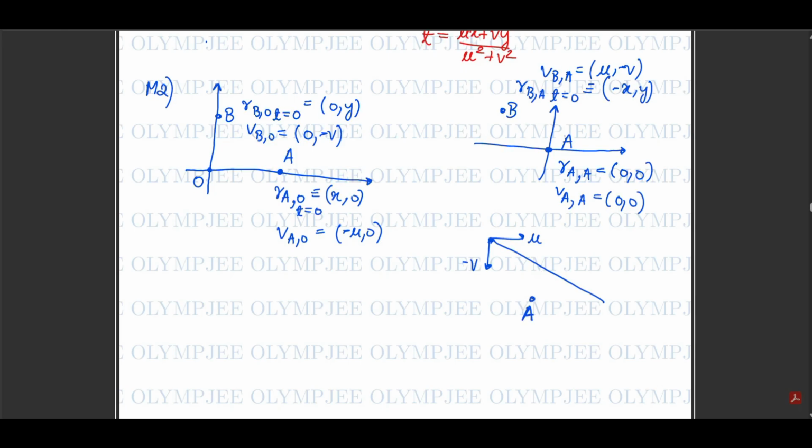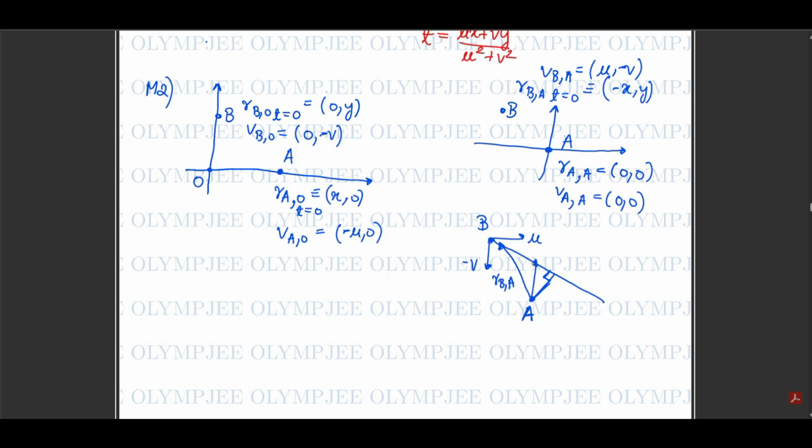Assume A to be somewhere around here, and the minimum distance will be when this line is perpendicular to the motion of particle B. We know this by straight line. So what does R_BA mean? At t is equal to 0, R_BA is this.